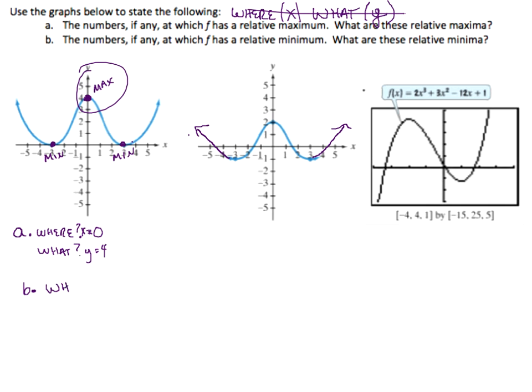Hopefully that's clear. B is asking us to identify the minima. So we've got 2 here. The where, so the numbers, if any, at which f has a relative minimum. We have it at x equals -3 and 3. We've got 2 of them. The what? So what is the relative minima in both of them? It's 0. You good, Michael?